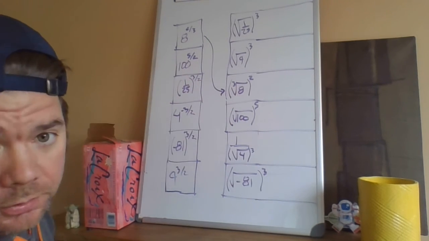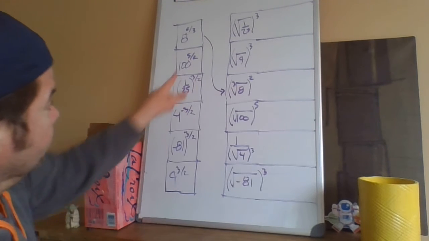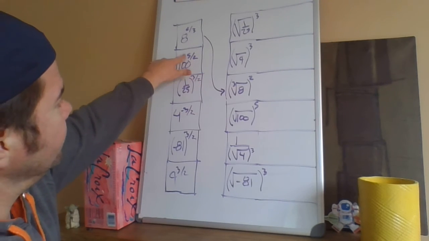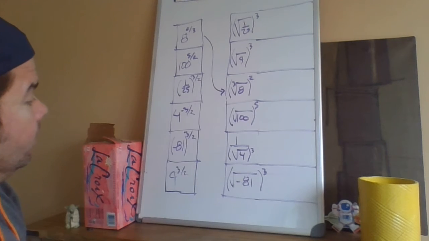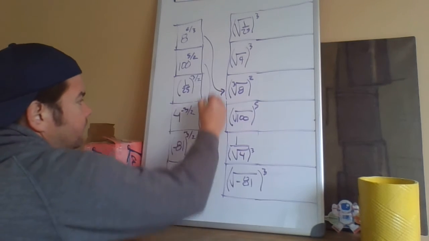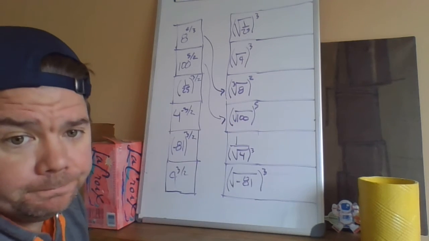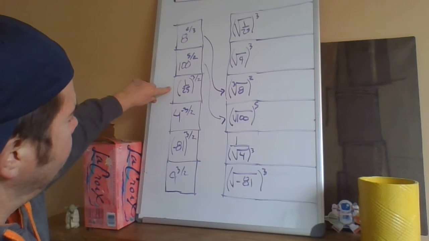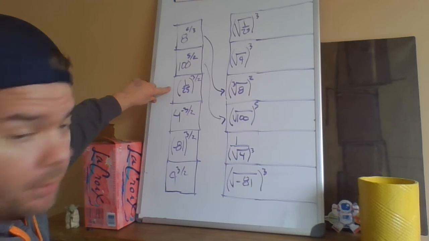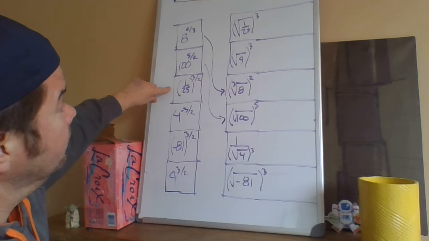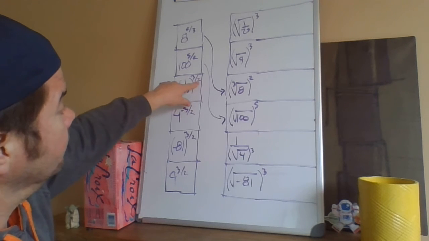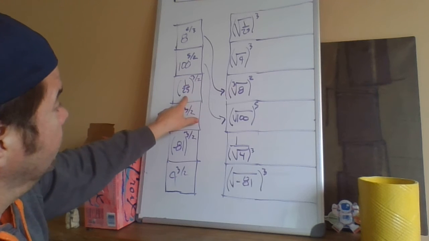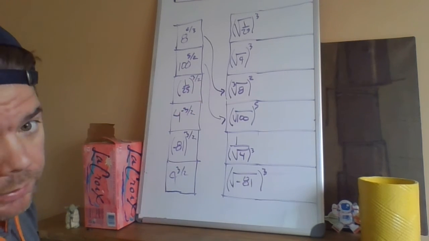The second one, 100 to the 5/2, means I'm doing the square root of 100 and then raising it to the 5th power. That is this one. Next, 1/25 to the 3/2. Again, I'm taking the square root of 1/25 and then raising that result to the 3rd power.